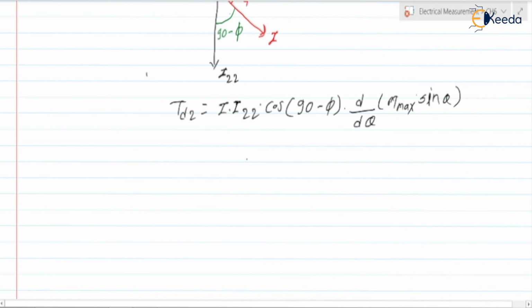So we can write it as I into I22 into sin phi, because cos of 90 minus phi is sin phi, into M max into cos theta. This is TD2.